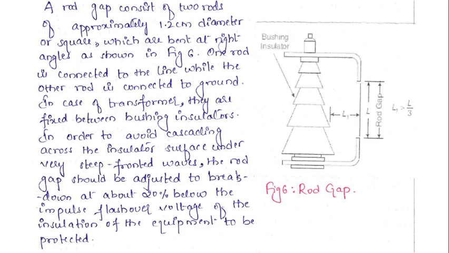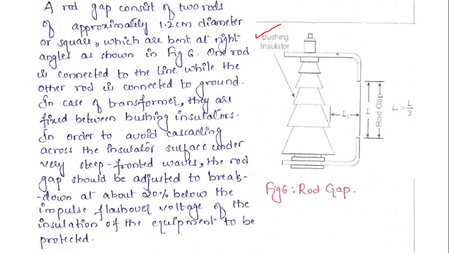So this is an arrangement of the rod gap. This is a bushing of the transformer. As you can see in this structure, this is a bushing insulator of the transformer. A rod gap consists of two rods of approximately 1.2 centimeter diameter or square.